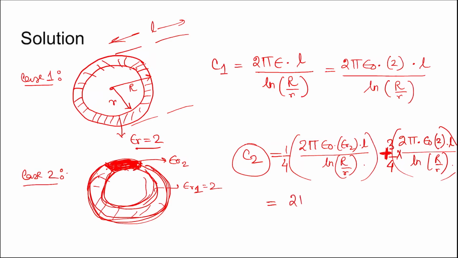So taking 2 pi epsilon naught L by ln R by r common, we are left with epsilon r2 by 4 plus 3/2.